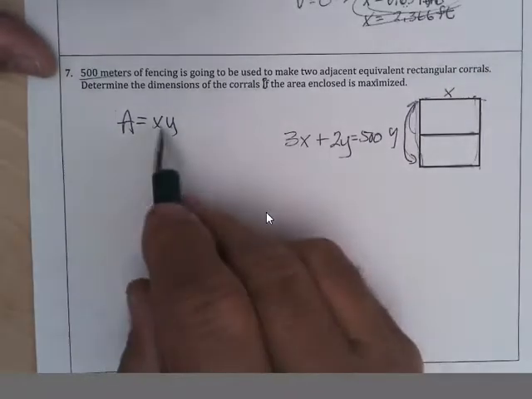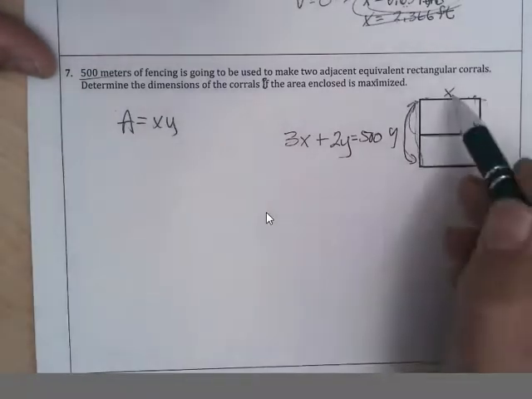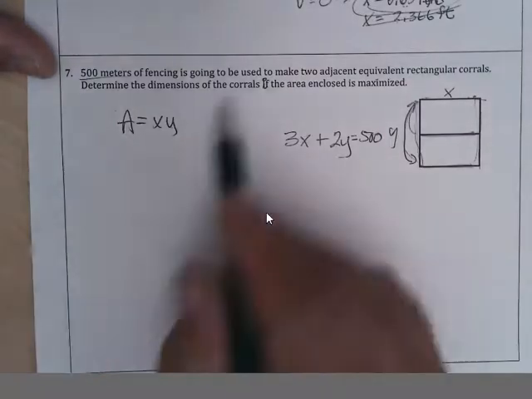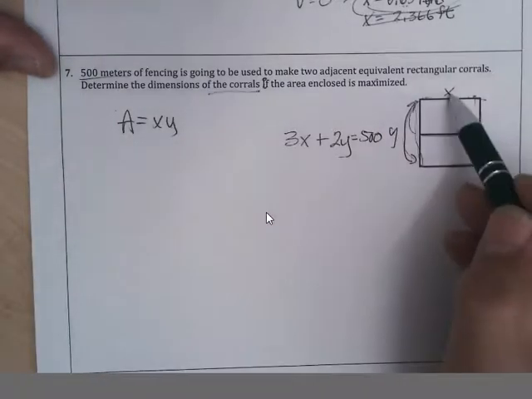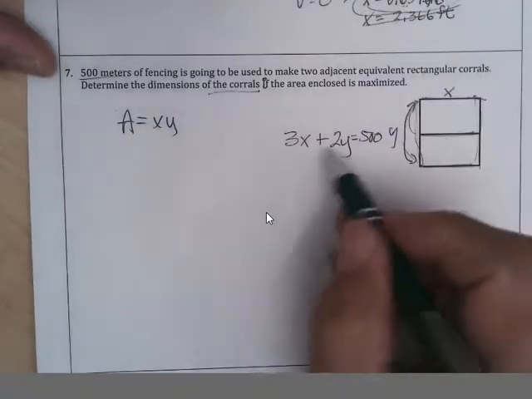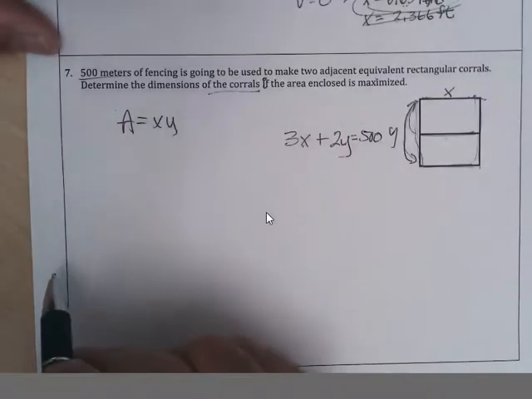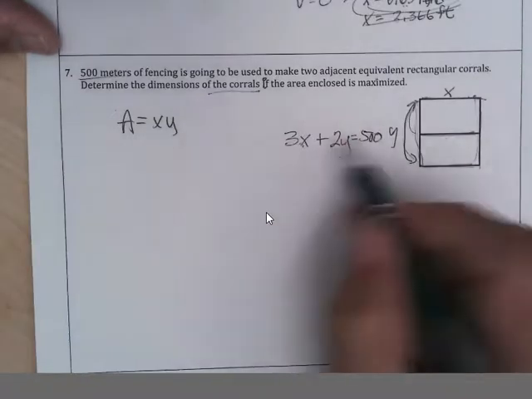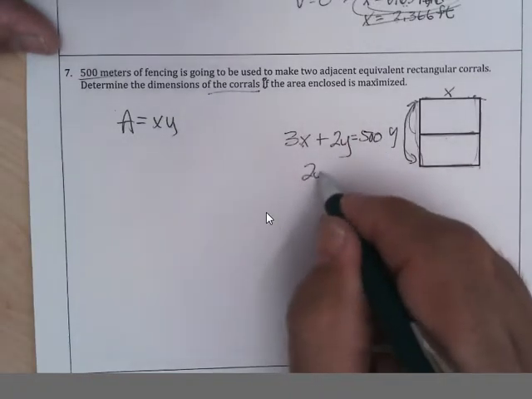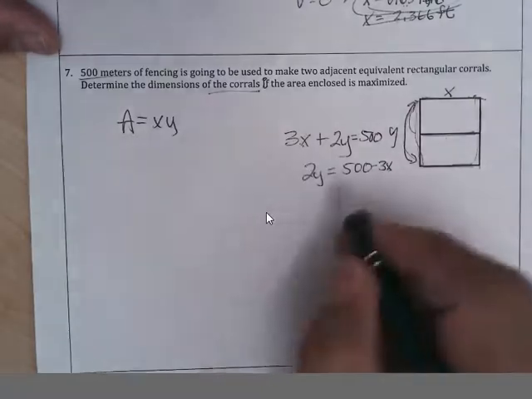So now I can either solve for Y or solve for X. It says the dimensions of each individual corral, and X is on each one, so I'm going to use X. I'm going to solve for Y to get the Y out of my equation. So I'm going to subtract 3X and divide by 2.